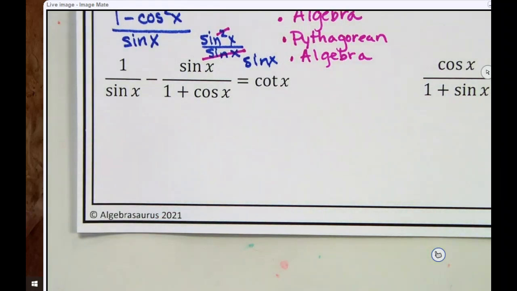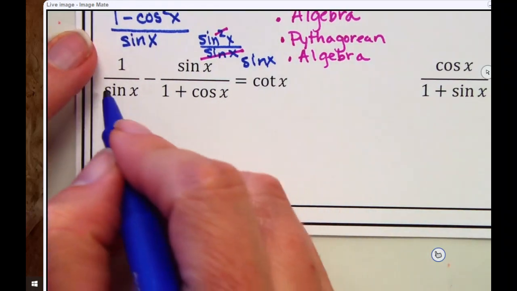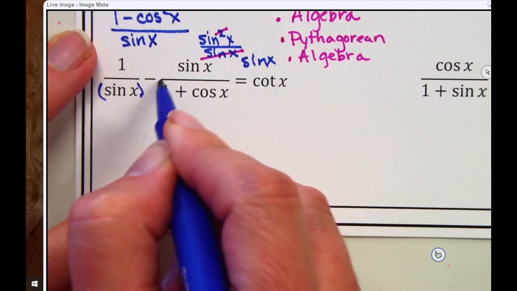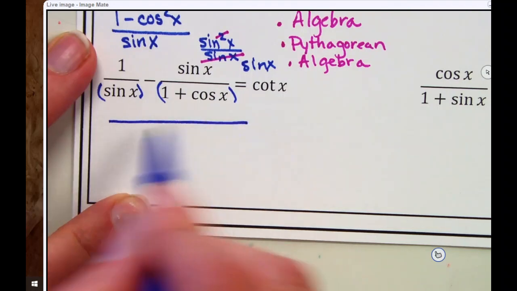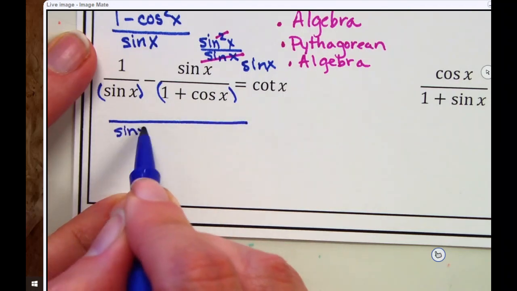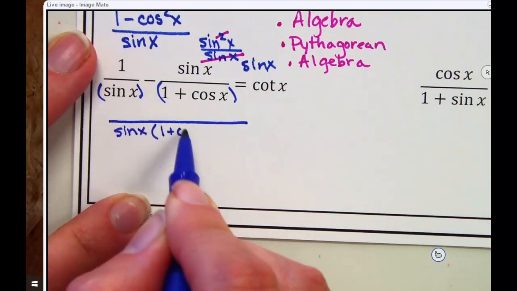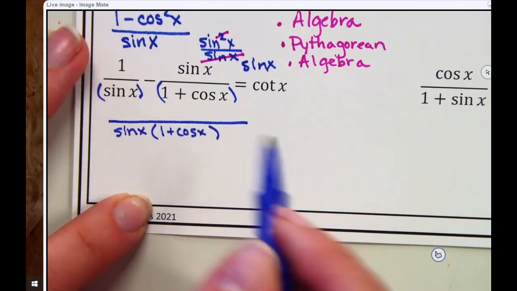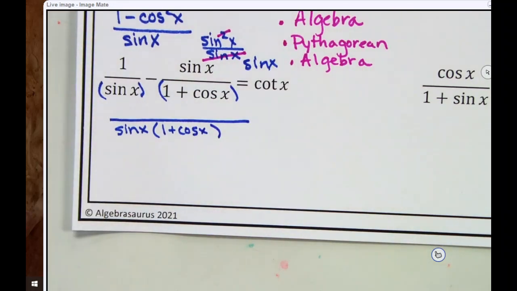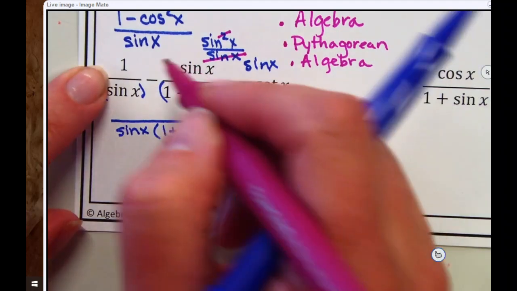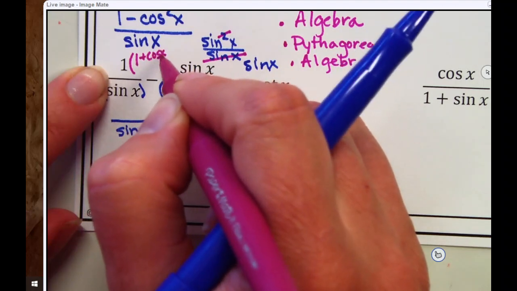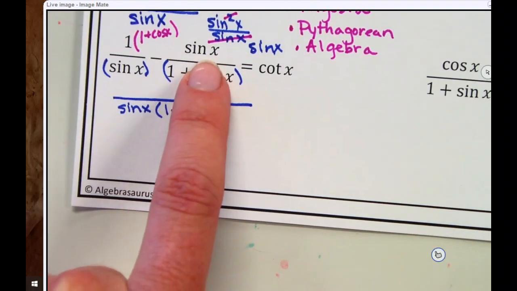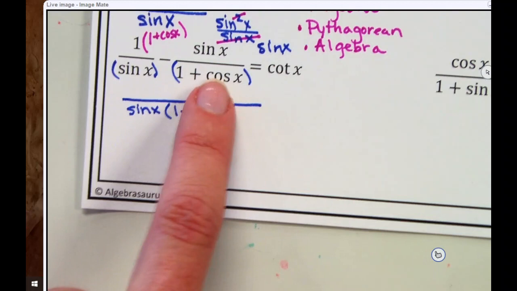If I want to get a common denominator out of those two, it would be sine of x times 1 plus cosine of x. So what would I have to times that first fraction by? 1 plus cosine, and I would need to times this one by, it doesn't have sine.